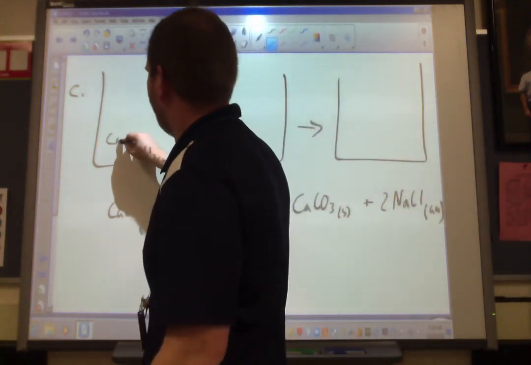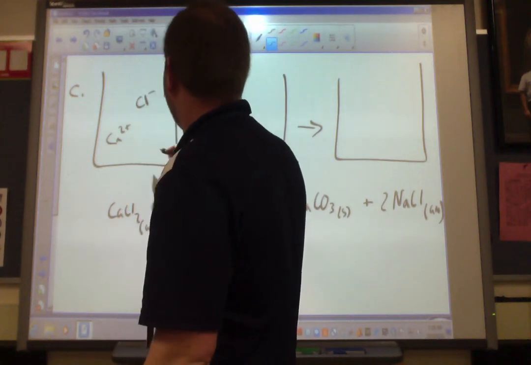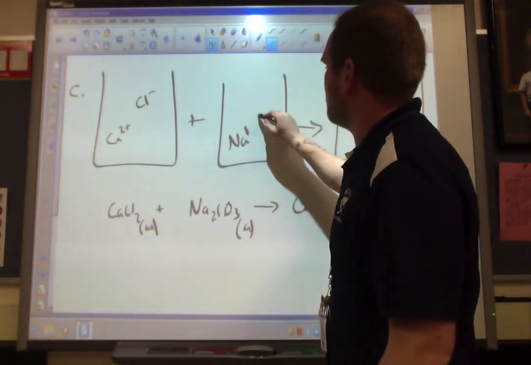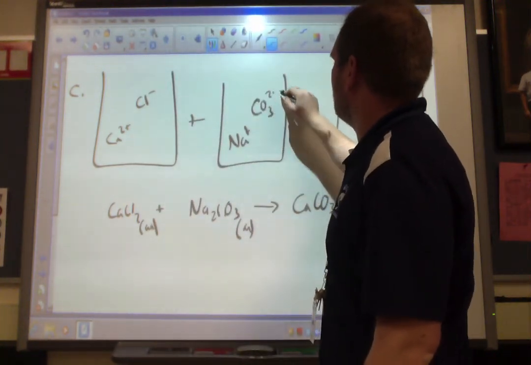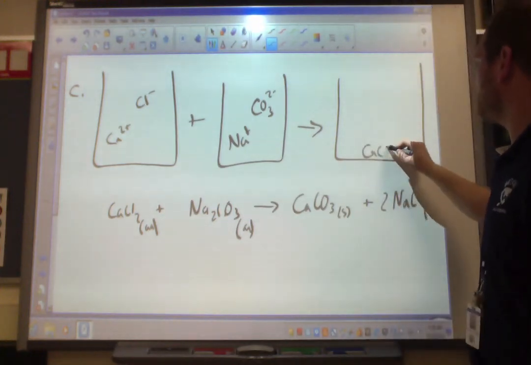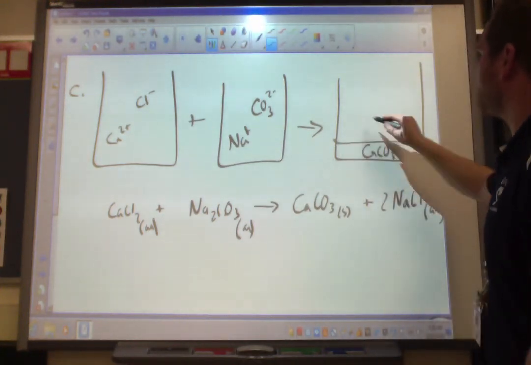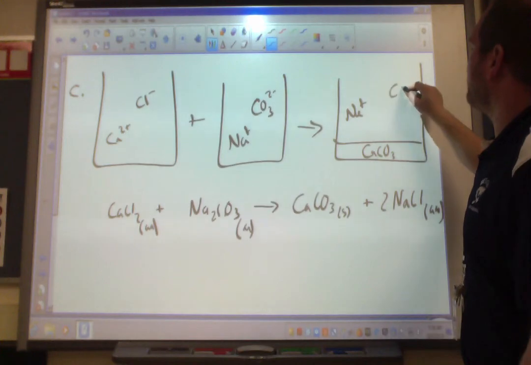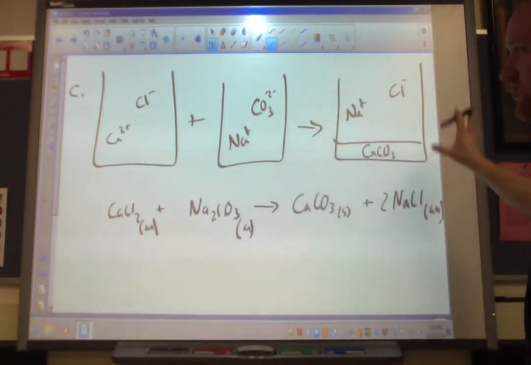So, same as before, we have calcium ions and chloride ions floating around. We have sodium ions and carbonate ions floating around. We have CaCO3 solid at the bottom. We have sodium and chloride floating around. So those are just my initial ions.